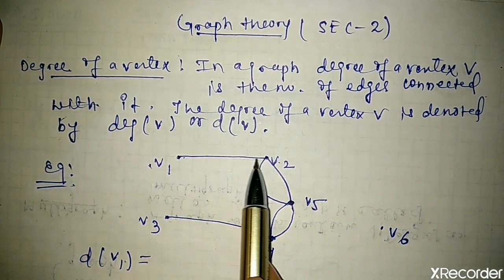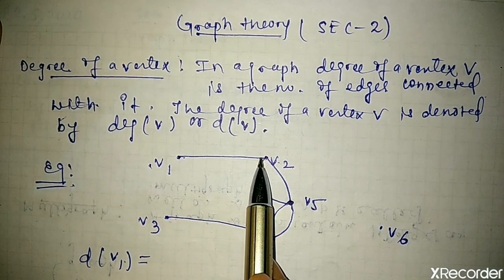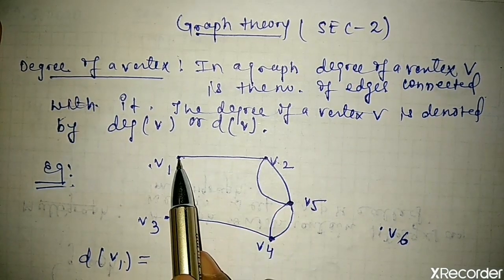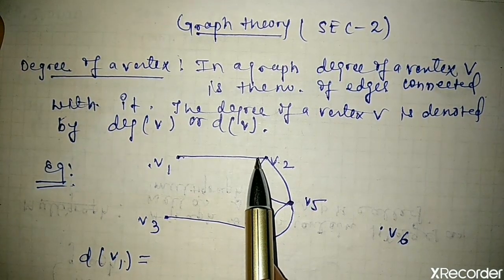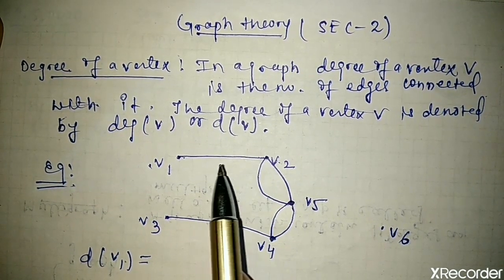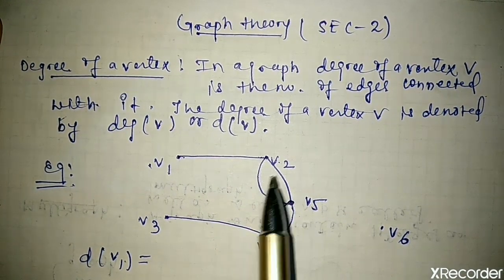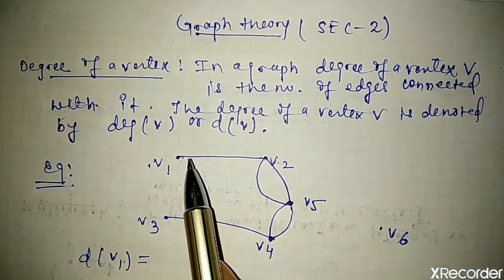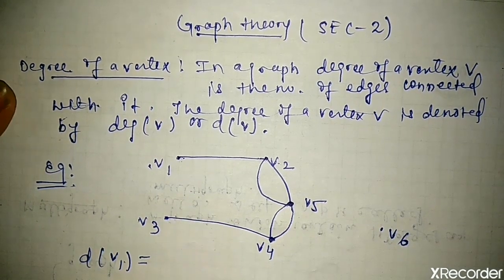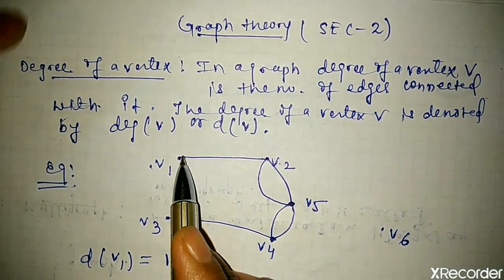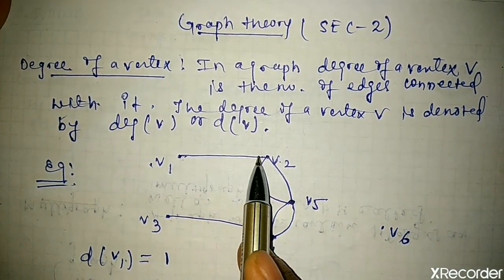So in degree here is 1, and out degree is also 1. But the number of edges between V1 and V2 is only 1. Therefore, the degree of V1 is 1, because the number of edges is known as the degree of the vertex.